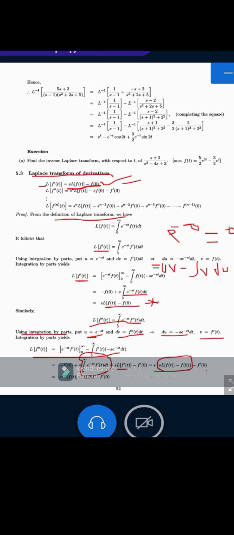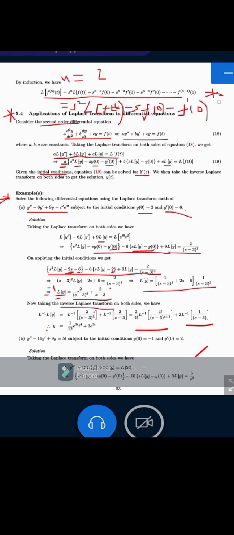So going back to whatever we have, we have 2 over (s minus 3) to the power 5. If you look at the power 5 that we have below there, that 5 is the one that is going to help us to know the value of n.